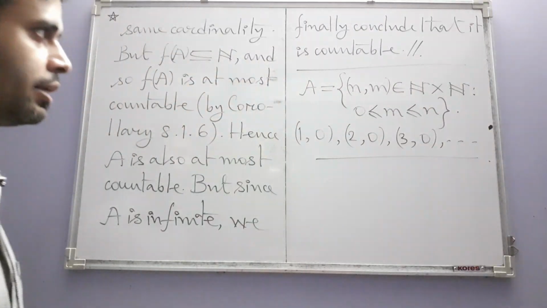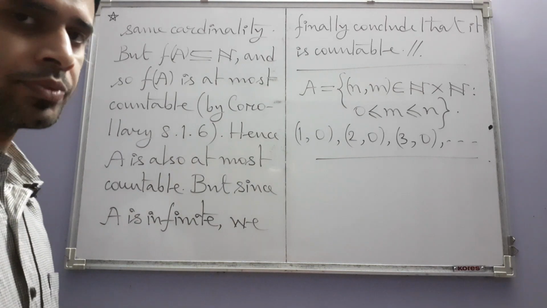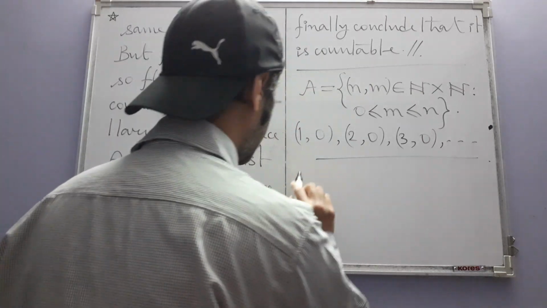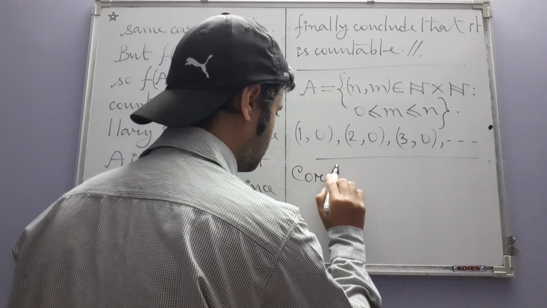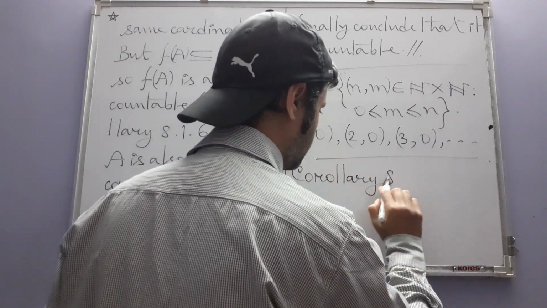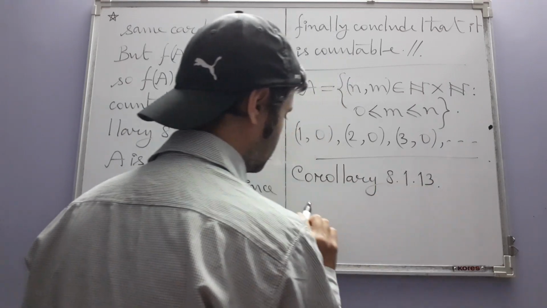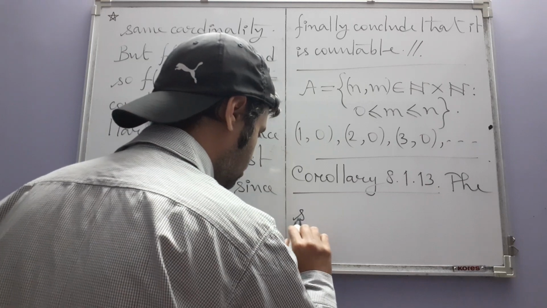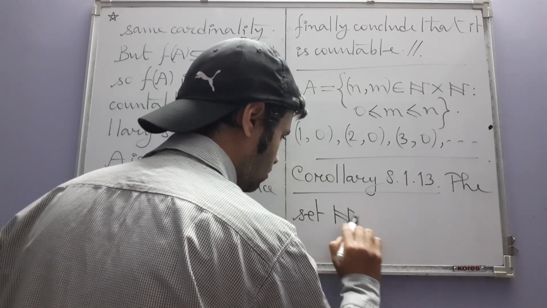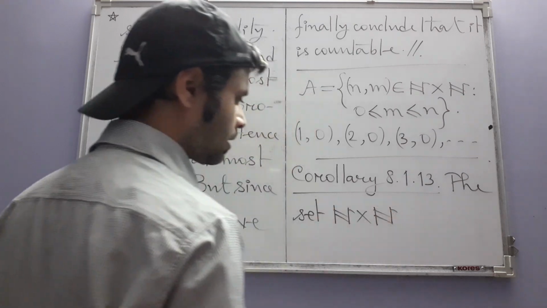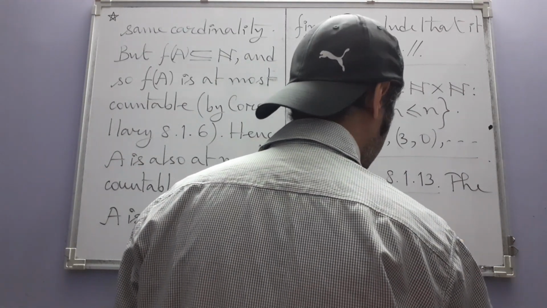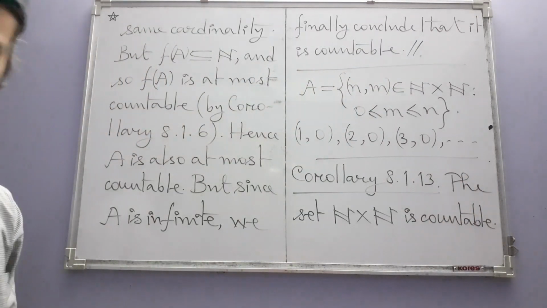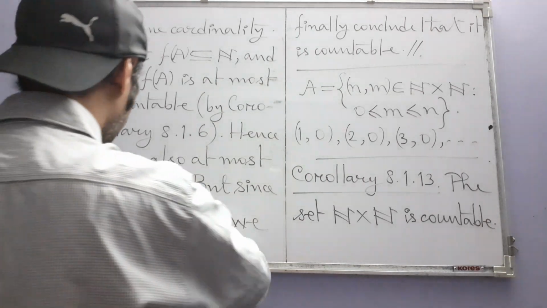So we have now proved that this particular set A is countable, but how is it going to help us? That now we are going to see in this next corollary. And this is the corollary: the Cartesian product N times N itself is countable. Now that we have the lemma with us, it's not difficult to prove.